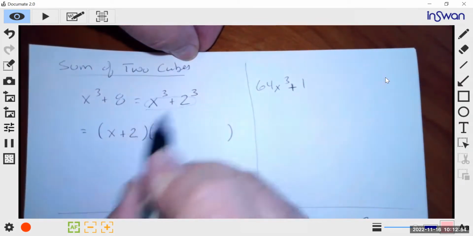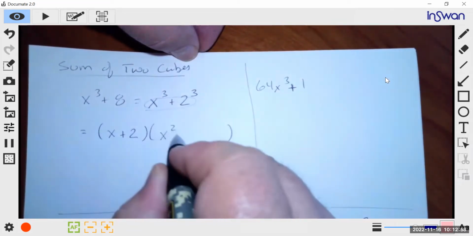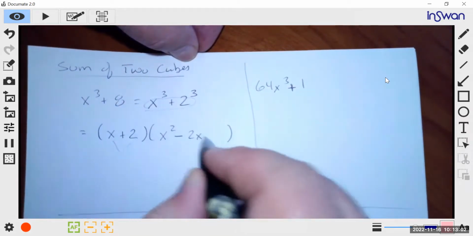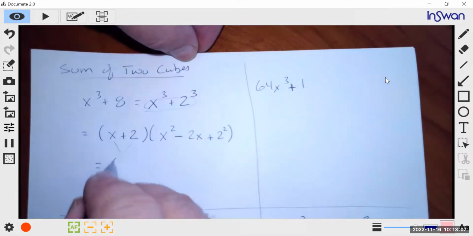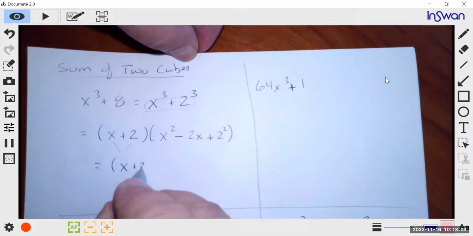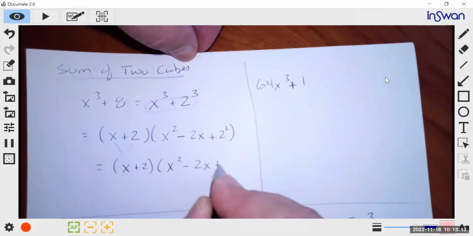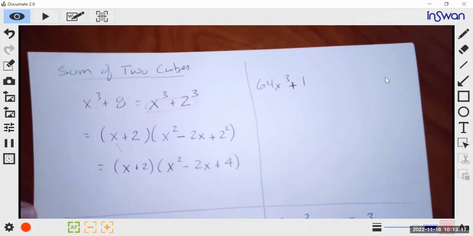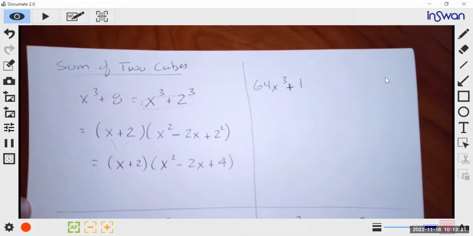Whatever's under the cubes goes in the first parenthesis. x squared, now it's a minus 2 times x plus 2 squared. x squared minus 2x plus 4. So the only thing that changes is where the first two signs are, and they have to be opposites of each other.